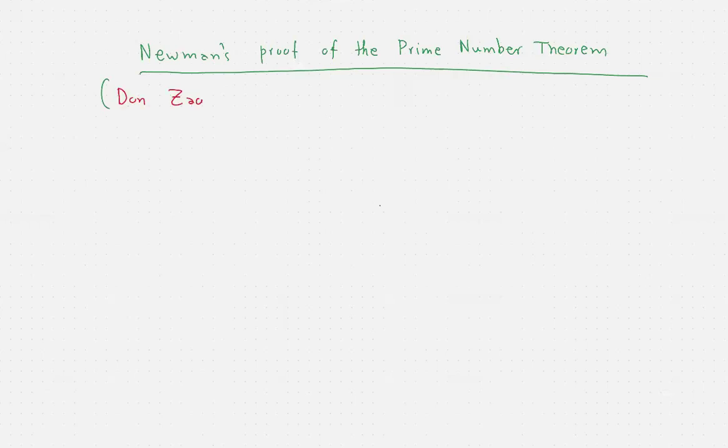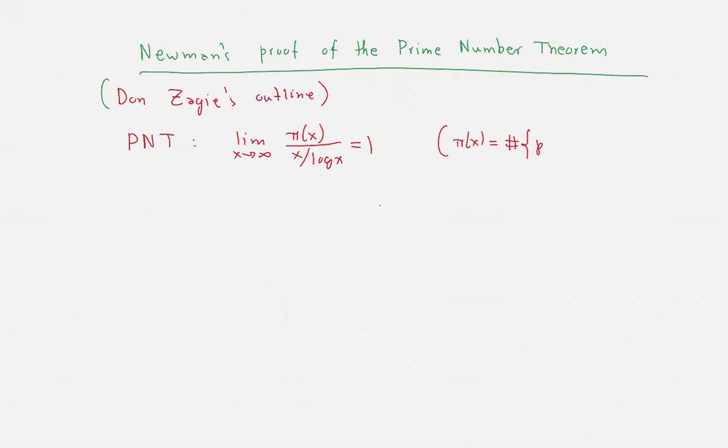So first of all, the prime number theorem is the statement that the limit as x tends to infinity of pi of x over x over log x is equal to 1. And of course, pi of x is the amount of primes that do not exceed x.